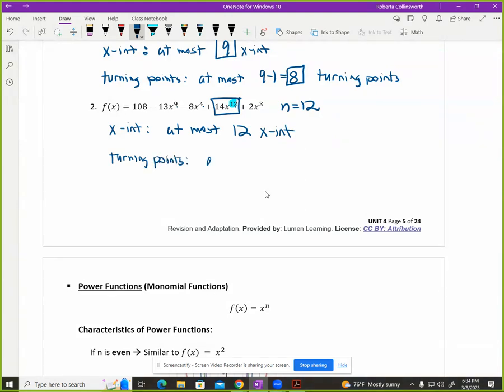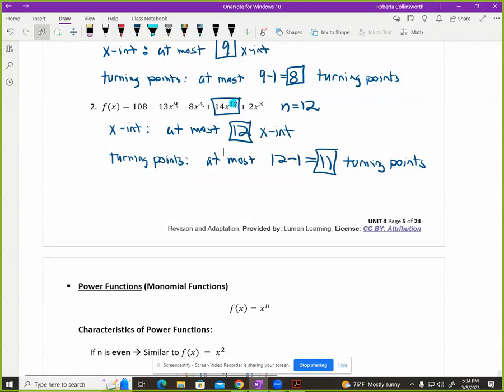And I'm going to have at most 12 minus 1, which equals 11 turning points. Does anyone have any questions about that?